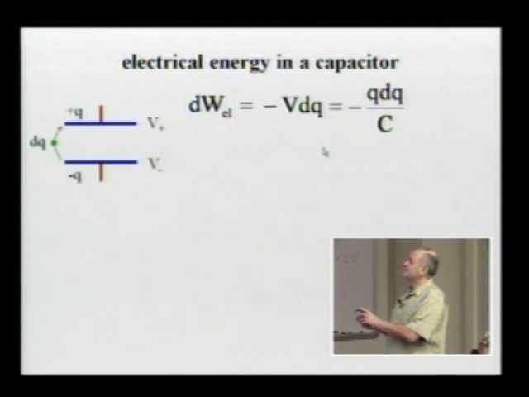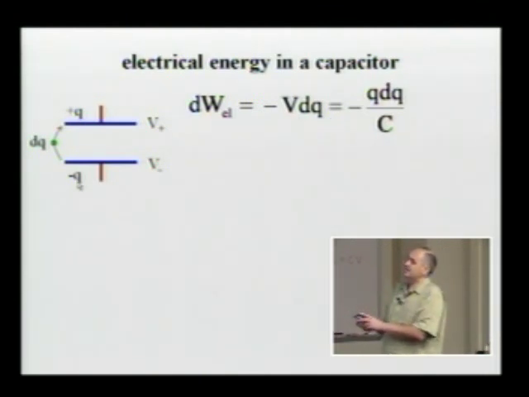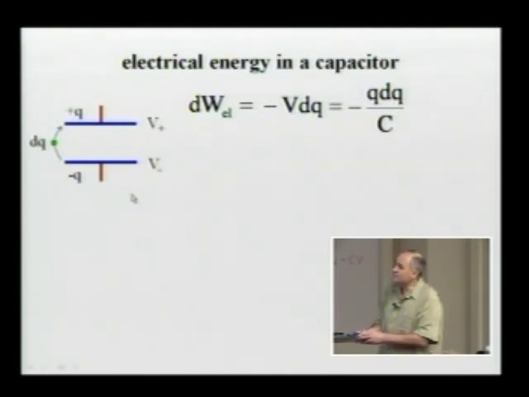All right. Now, in a capacitor, when we move this additional charge dq, potential difference obviously is going to change. So for the next dq, we will have a different potential difference. I can recognize that this potential difference varies. It's not a constant. As I move more and more charge, that potential difference grows.